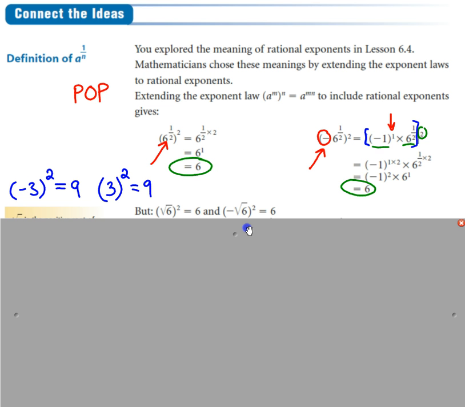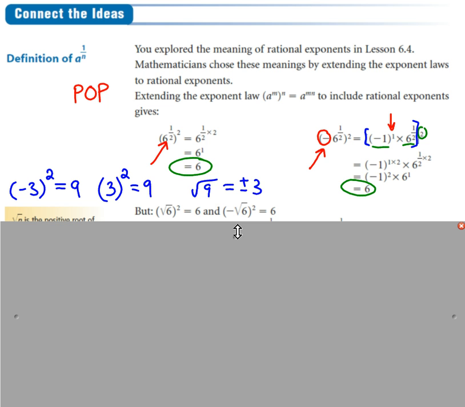So by the definition of square root, which would tell us that the square root of 9 is both positive and negative 3, we can be certain that when we apply the exponent of 1/2 to a number, what we're really doing is we're applying the square root.